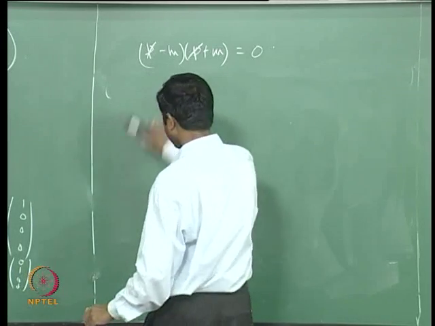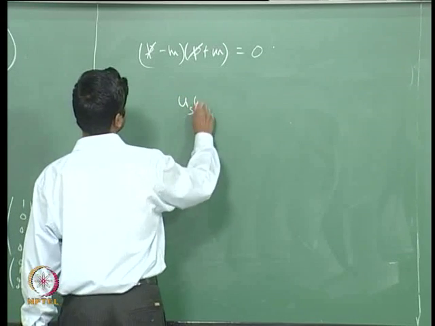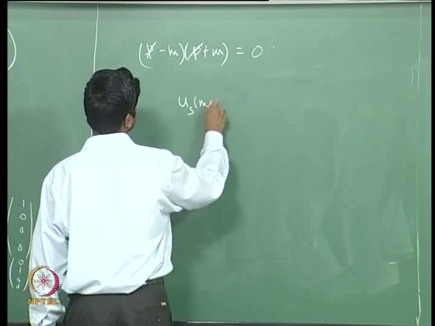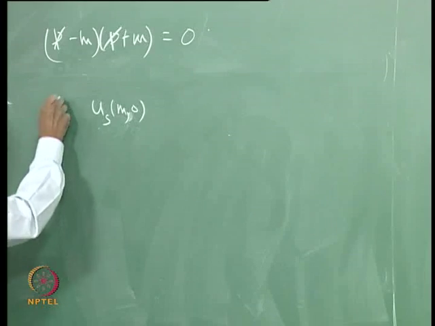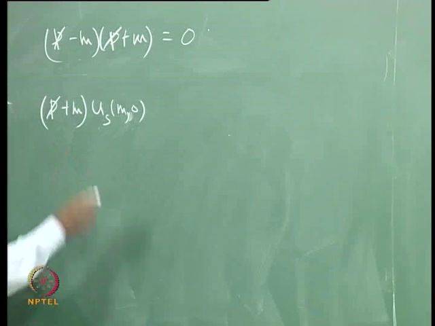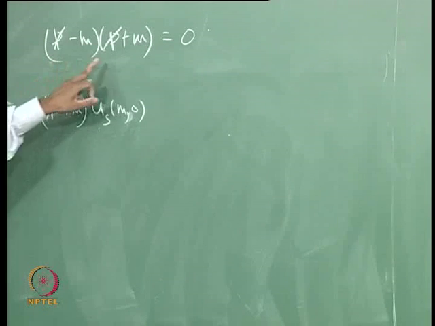Therefore, if you consider this, u s m 0 with p slash plus m, this quantity is a solution to the Dirac equation, right, using this identity.